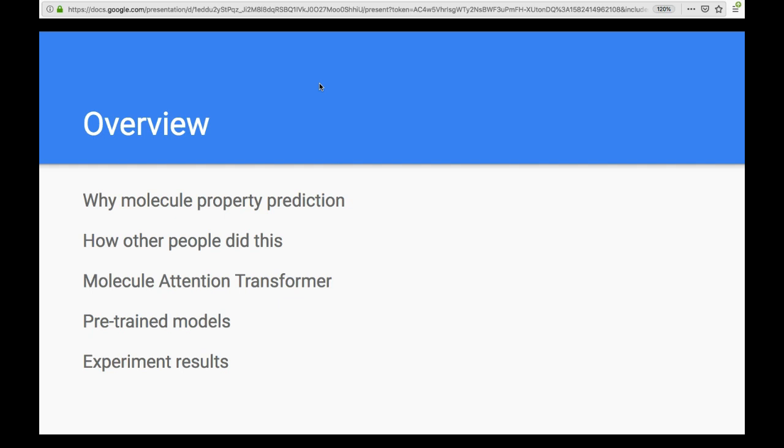And lastly, I will talk about their experiment results. The good thing about this paper is that they don't only train the model 2 or 3 or 10 times. They do a lot of statistical significance testing.